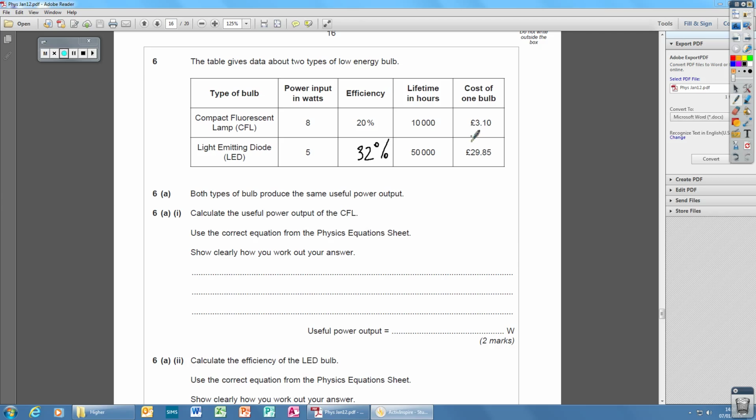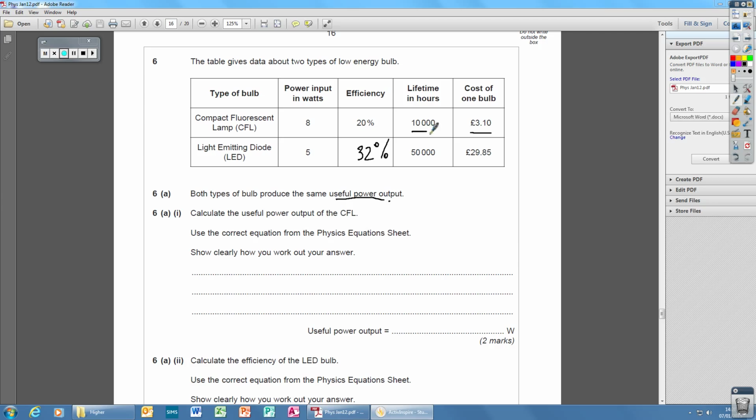The cost of one CFL is going to be £3.10. They're both giving the same useful power output, so it doesn't matter if you use a CFL or an LED. They'll give you the same amount of light.